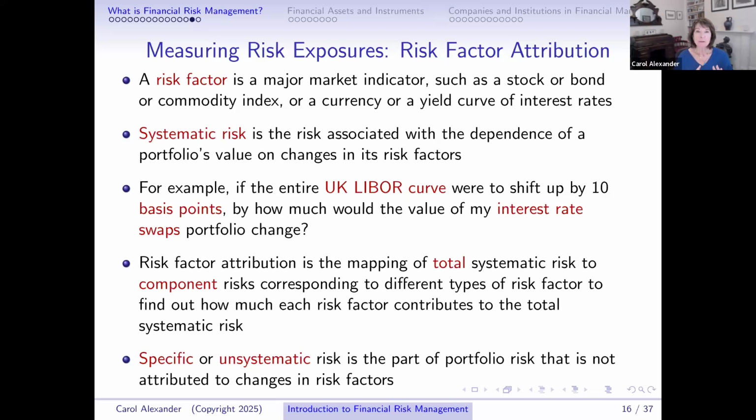So to understand that, let's go through some basic terminology that's important to understand. What is a risk factor? Well, it's usually a major market indicator. It could be a stock index like the FTSE 100 or the S&P 500, or a bond or a commodity index. It could be a currency, for example, an exchange rate, the dollar-pound exchange rate.